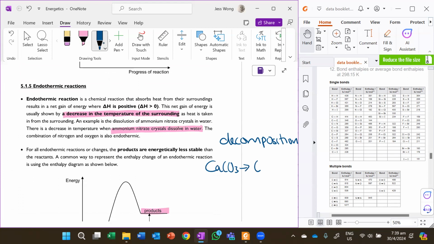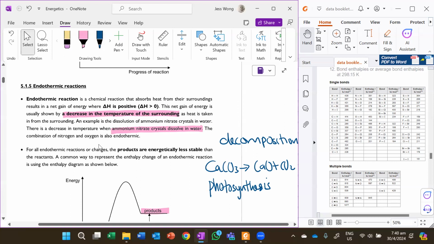So this type of reaction will be endothermic, usually because they're supplying energy. And also another type of reaction that's endothermic is photosynthesis. So in photosynthesis, the plants will take in the energy from the sun, and therefore they will undergo an endothermic process.